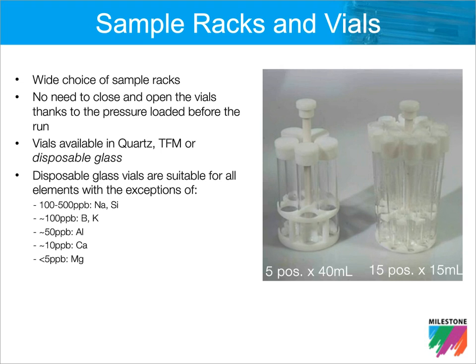I would say the only elements that it does not work very well for are the traditional environmental contaminants: sodium, potassium, calcium, aluminum, magnesium, things of this nature. For all the heavy elements, for all the elements even described in the new USP chapters, disposable glass vials work extremely well, and of course, that eliminates the cleaning step altogether.